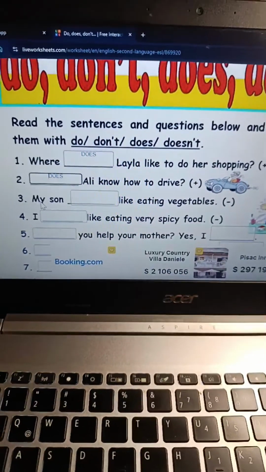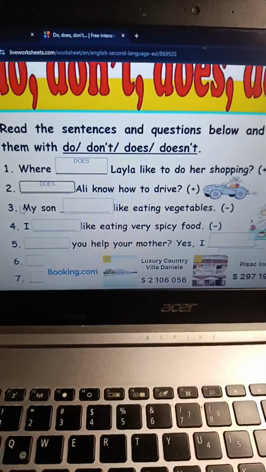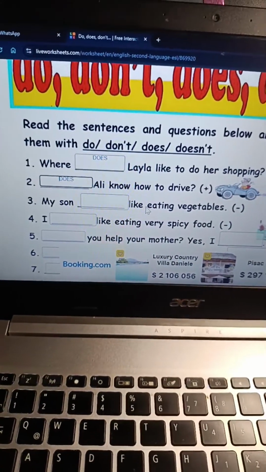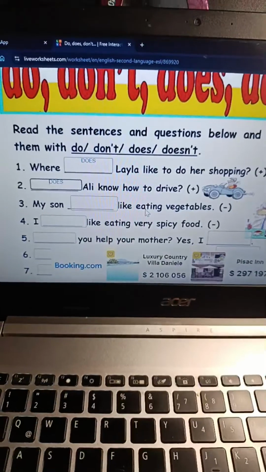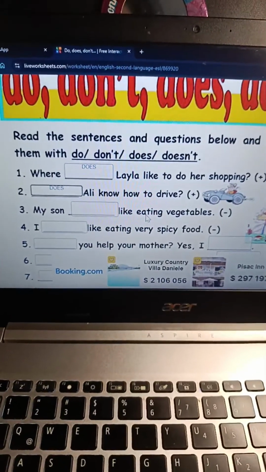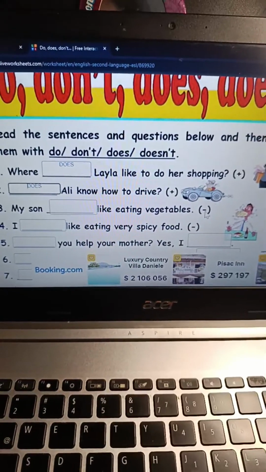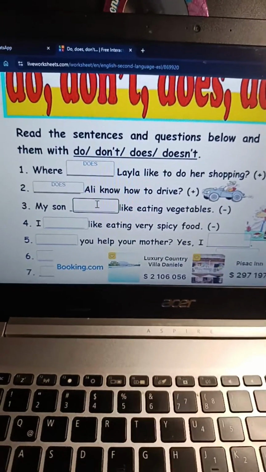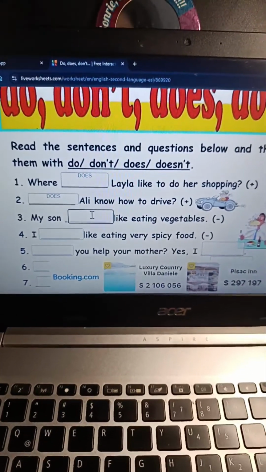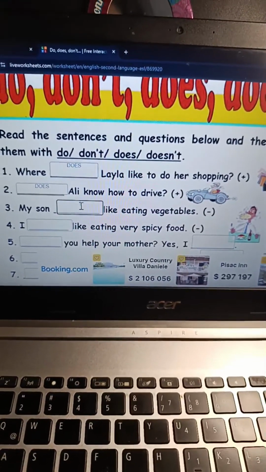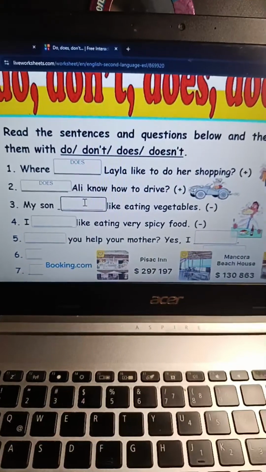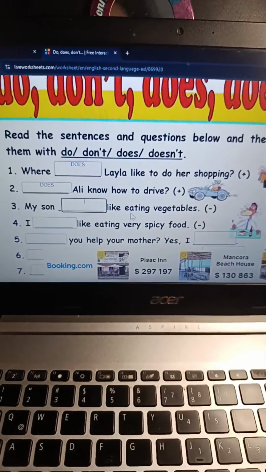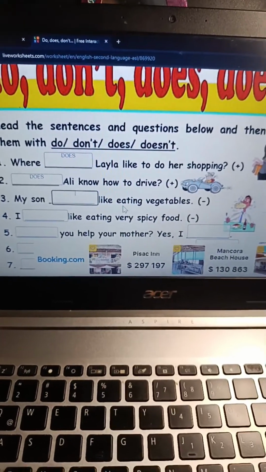Okay, let's continue with number 3. Number 3 says, my son like eating vegetables. And this is an affirmative sentence. So in this case, this is not a question, it's a negation. What is the auxiliary to create the negation? Because it's not possible to say, my son like not. That's not possible.